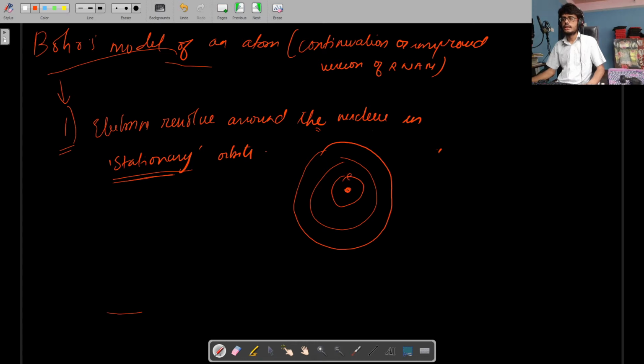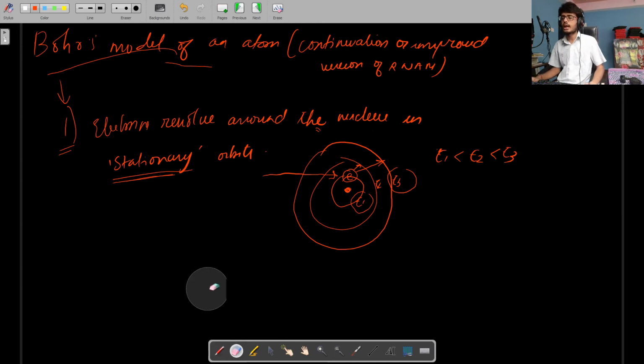An electron is revolving in the first orbit. The energy of the first orbit will be the minimum, let's say this is energy 1, this is energy 2 and energy 3. Energy 1 will be least, energy 2 will be middle, and energy 3 will be the highest. When you supply energy, this electron has the tendency to gain this energy state and go to the 3rd orbit, or 2nd orbit. That can happen, but that is all external, so unless it is mentioned, this will not happen.